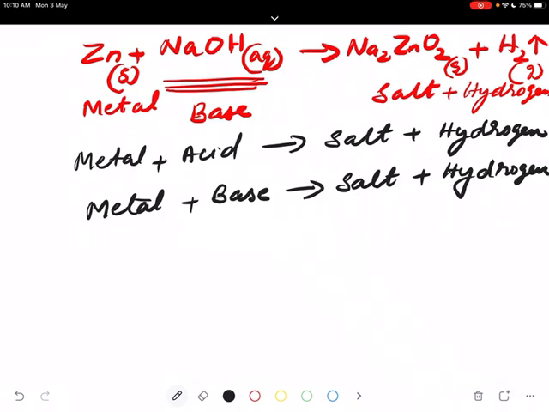Another property of acid, that is how do metal carbonates and metal hydrogen carbonates react with acids. So we are again coming back to acids.